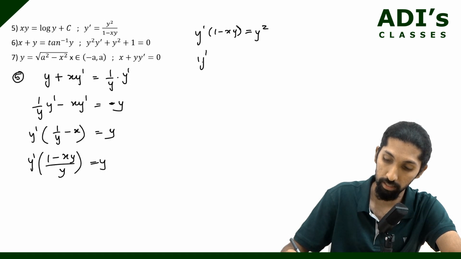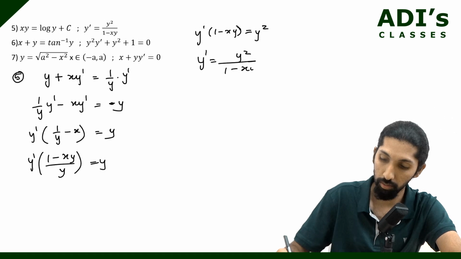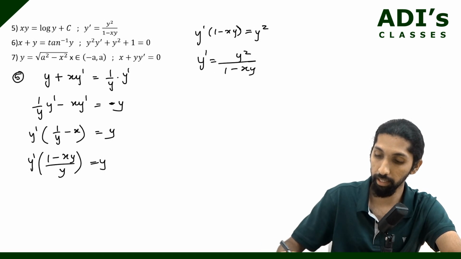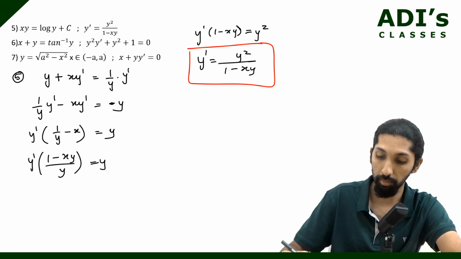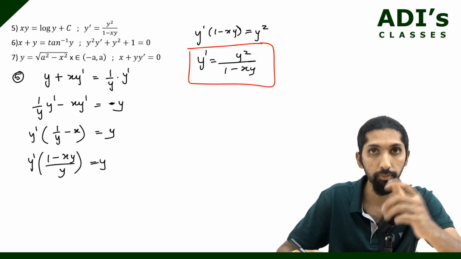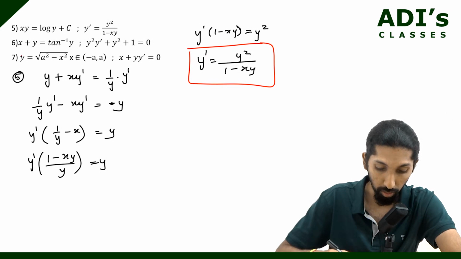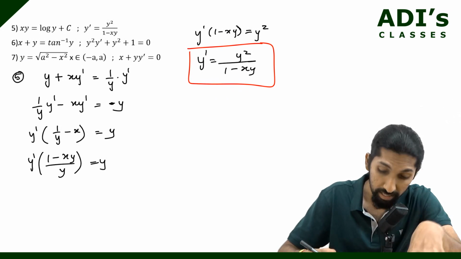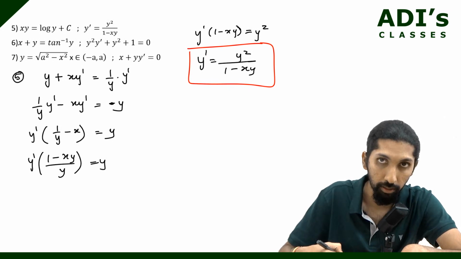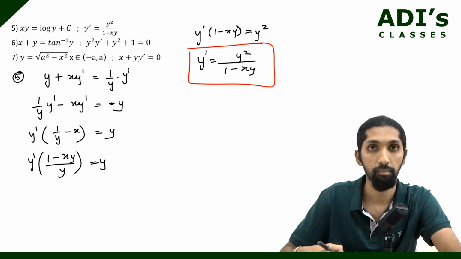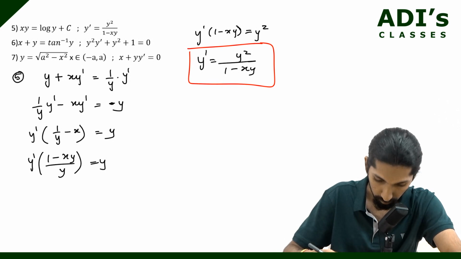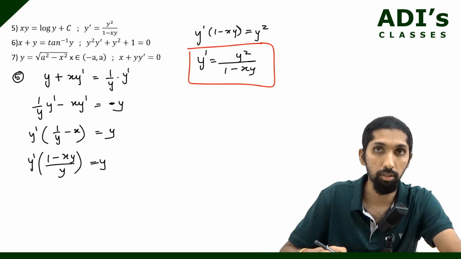So y dash is equal to y square divided by 1 minus xy. Isn't it what you are supposed to prove? So you can say that xy is equal to log y plus c is the solution for the given differential equation.